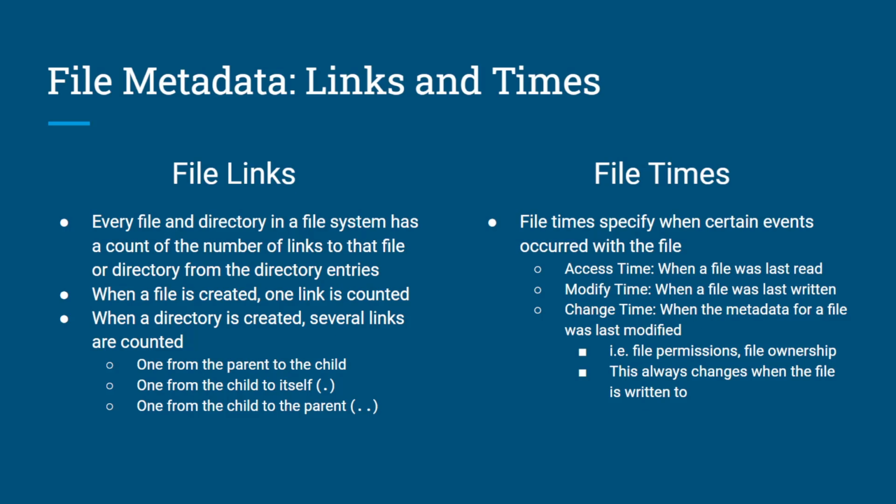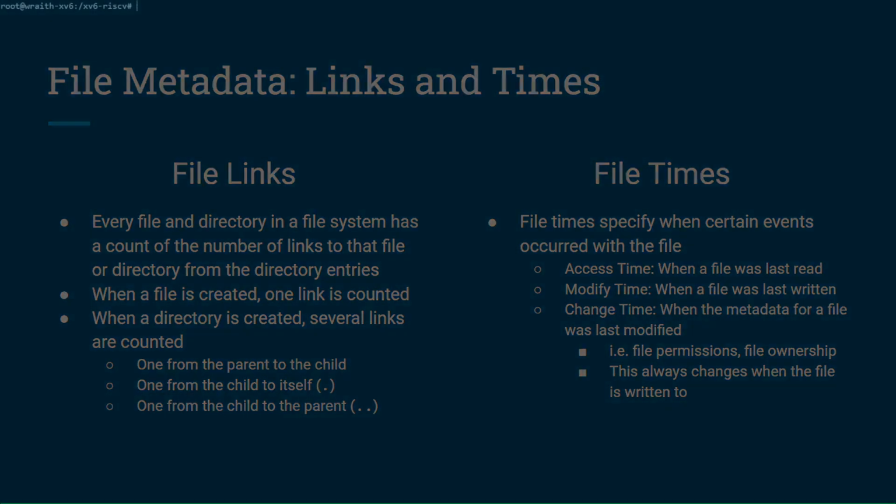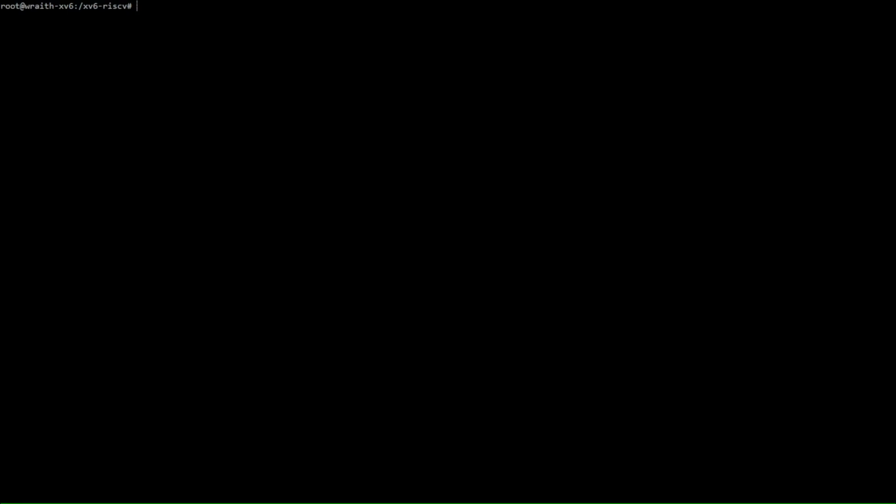So let's take a look and see what we can see with a particular directory. I'm going to go ahead and go to the console just briefly, and I want to show you something inside this console. So right now I have the XV6 file system. This is the source code directory that you've been working in. I'm going to go ahead and create a new directory using mkdir.